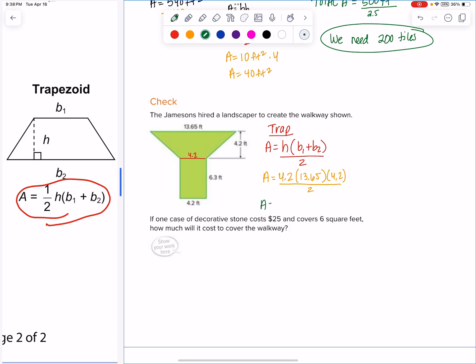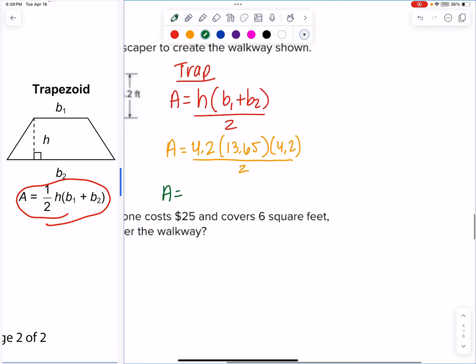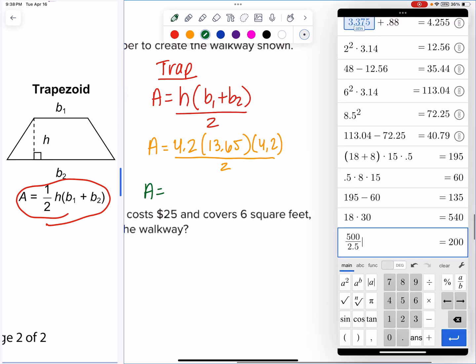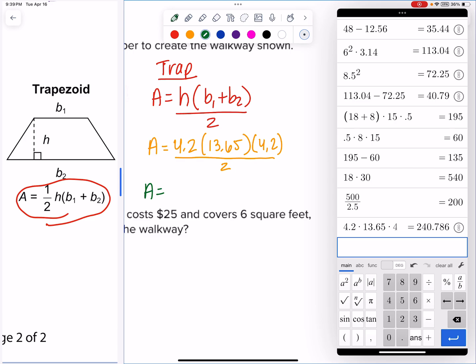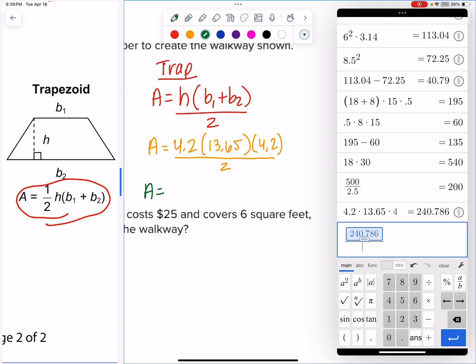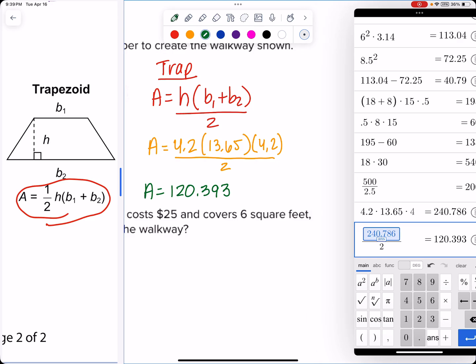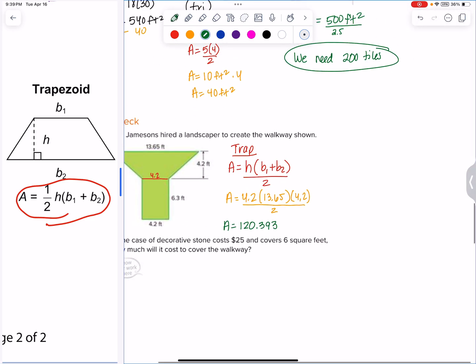So what is the area of the trapezoid? Let's go ahead and plug that in. So we have 4.2 times 13.65 plus 4.2, and all of that, I'm going to say answer is divided by 2. And we end up with an area of 120.393, and let's leave the full decimal for right now. What's the units? It's in feet squared. So there's my trapezoid.